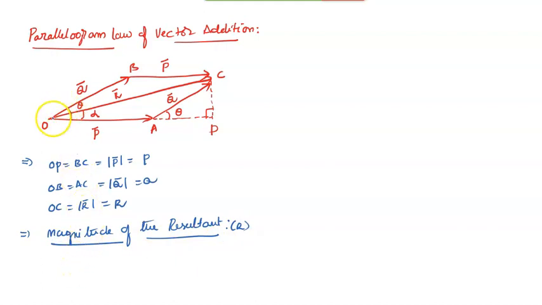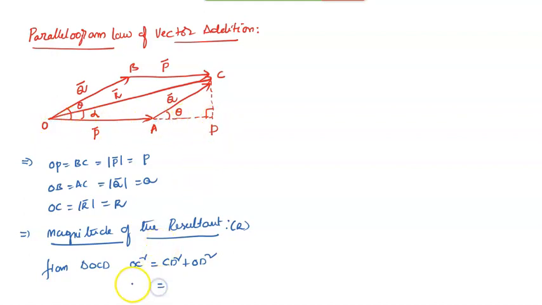To find this, consider the triangle OCD. From triangle OCD, we can write OC square is equal to CD square plus OD square. But OD can be written as OA plus AD.